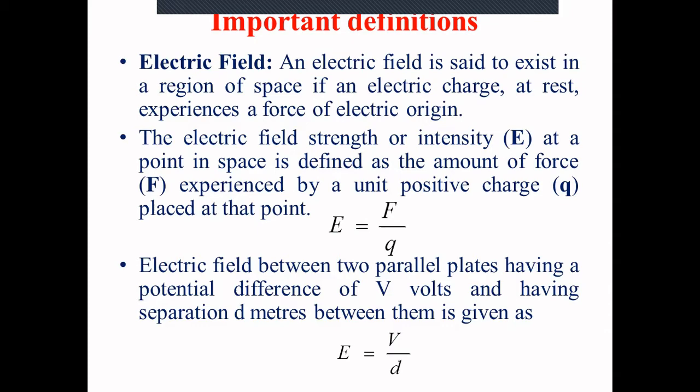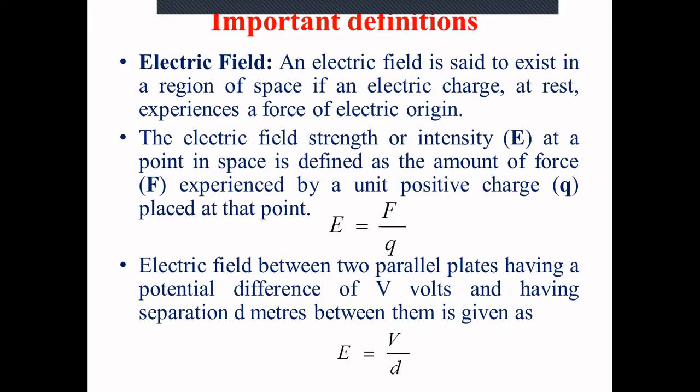Suppose a positive charge is present somewhere, let us consider any point P. At point P, a positive charge is present, and you know that a positive charge emits electric lines of force. Around the positive charge, there exist a number of electric lines of force.